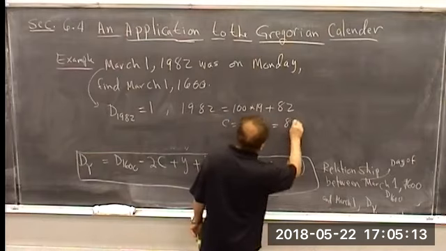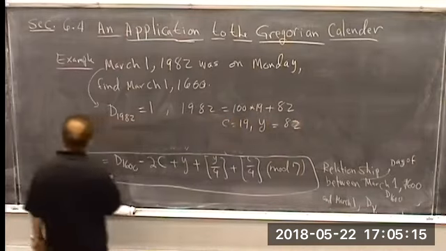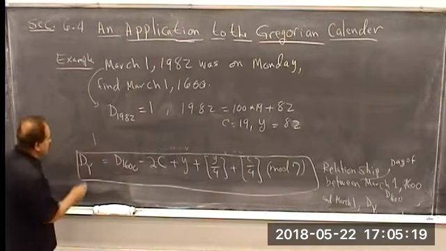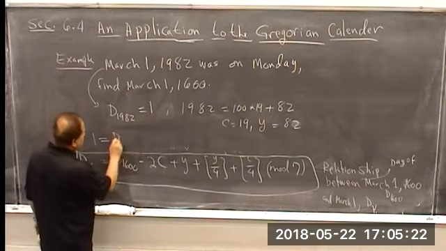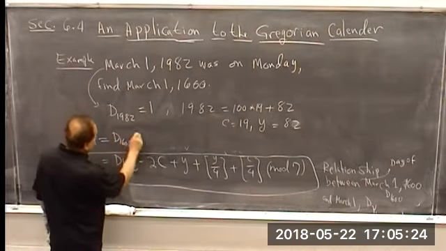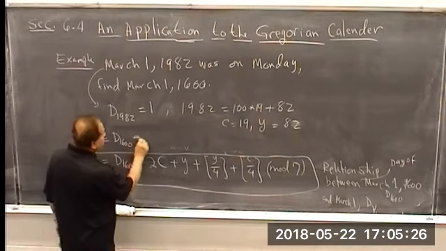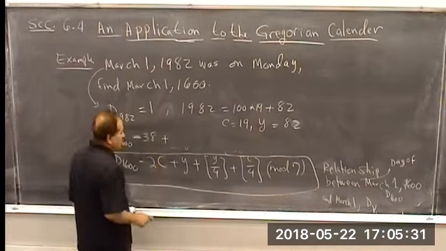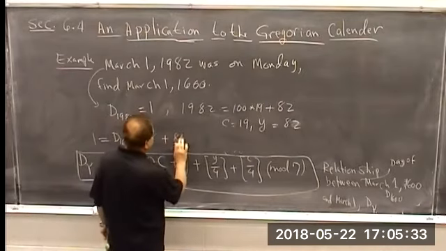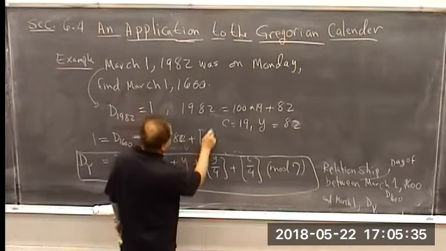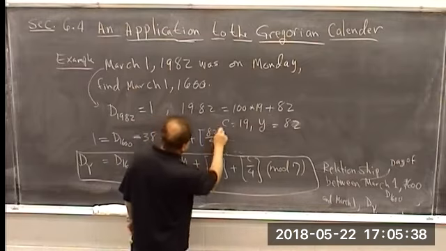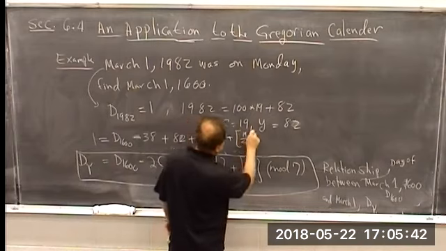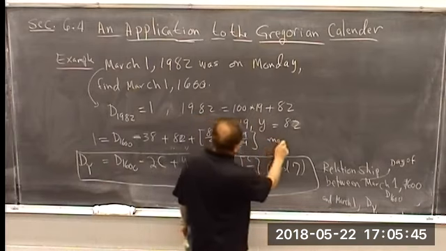If you plug these numbers in, you get 1 on this side of the equation, and D1600, which we are seeking, minus 2 times 19 is 38, plus 82, plus 82 over 4, plus 19 over 4, and we're going to reduce all of this mod 7.